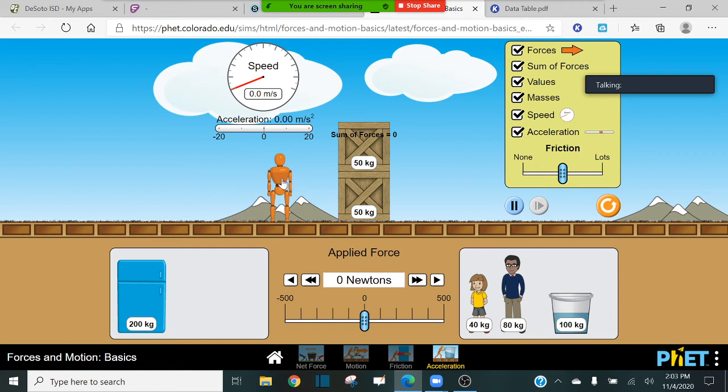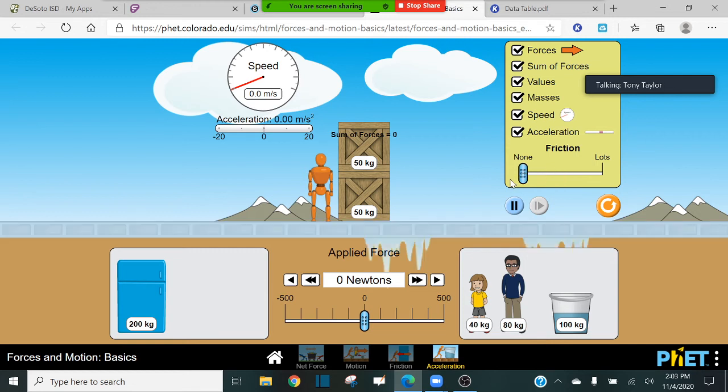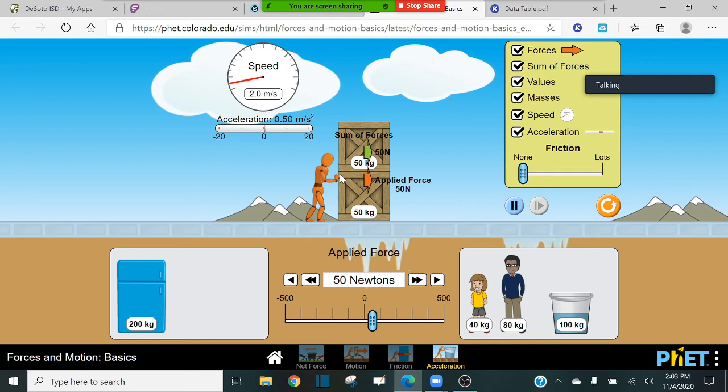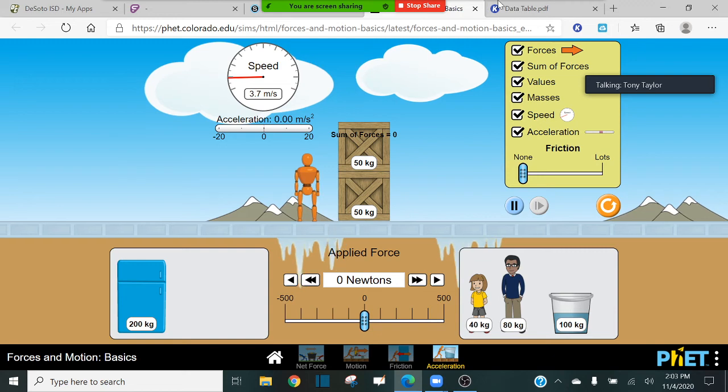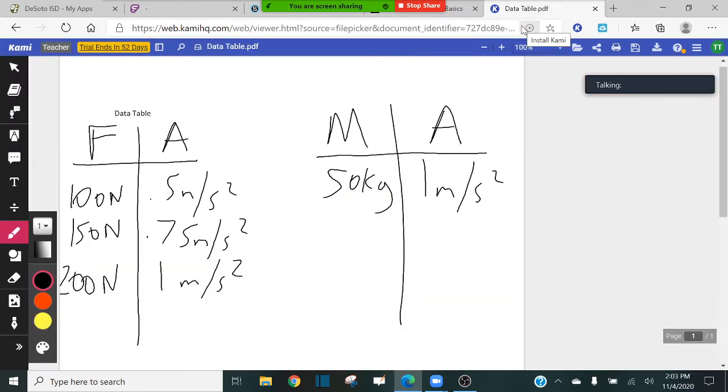Remember, I'm holding my force constant, so my force has to be 50 newtons, and there can't be any friction. Let me turn friction off. So 50 newtons of force. If you notice, my acceleration here is 0.5 meters per second squared. So when the mass is 100 kilograms, the acceleration is 0.5 meters per second squared.